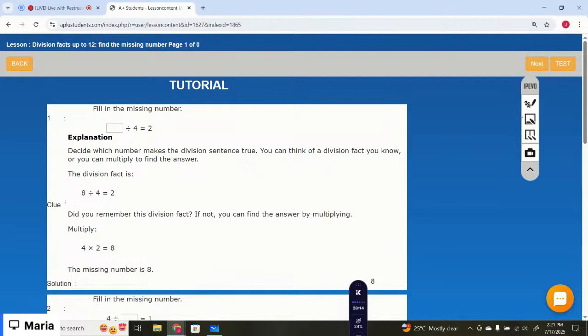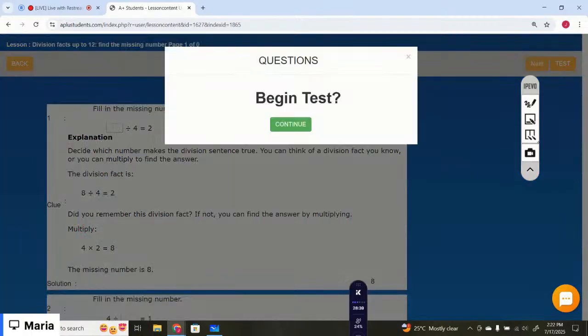We can try them one by one. So that is 8 divided by 4 equals 2. 4 times 2 is 8. The missing number is 8. Let's just start with the test questions.